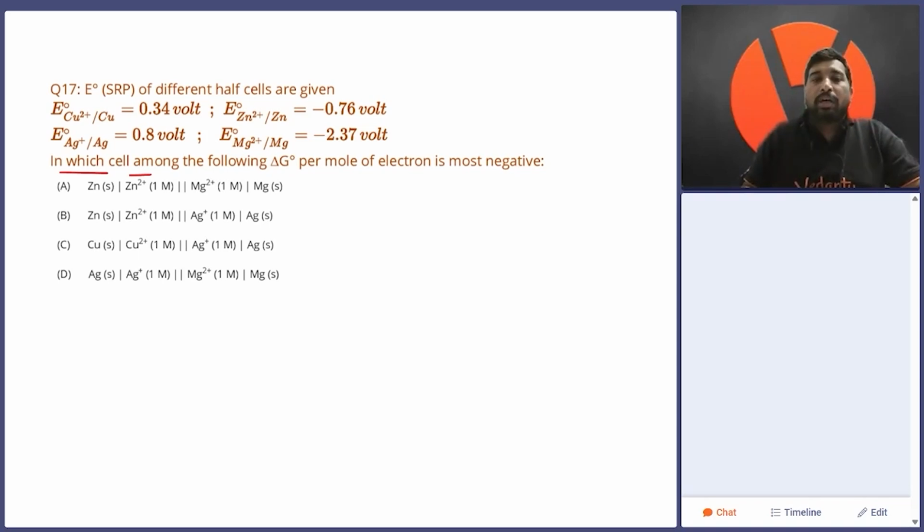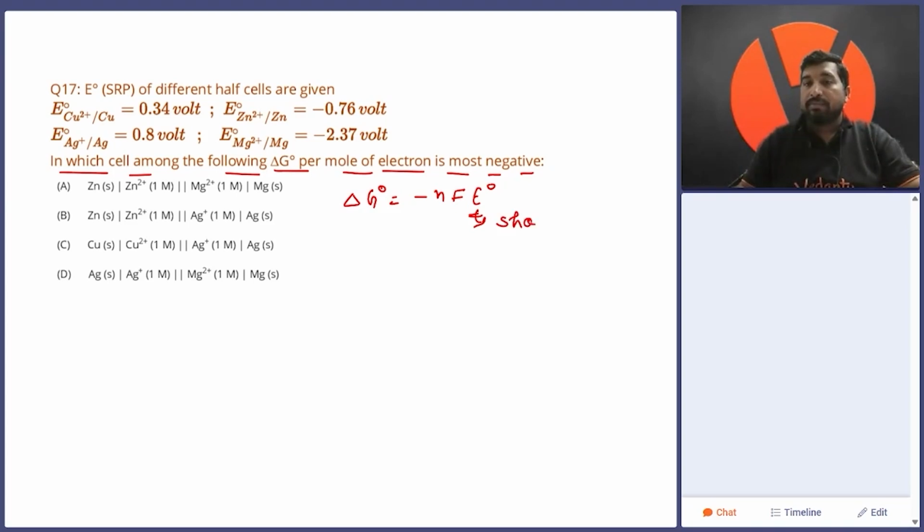In which among the following is delta G per mole of electron most negative? So we know the formula delta G is equal to minus nFE naught. For the most negative delta G, E naught should have the higher positive value.